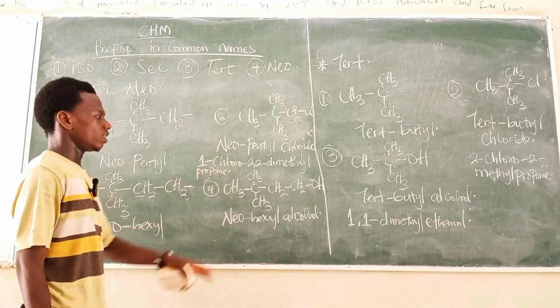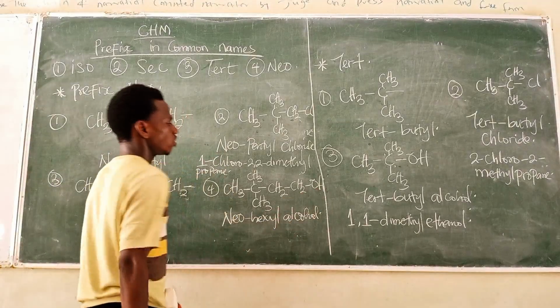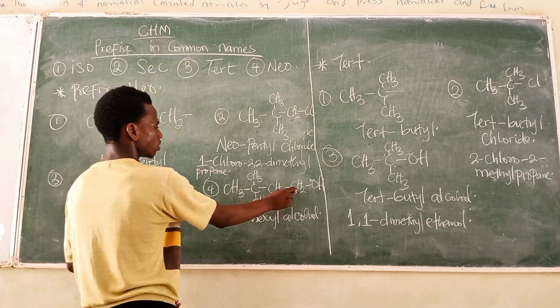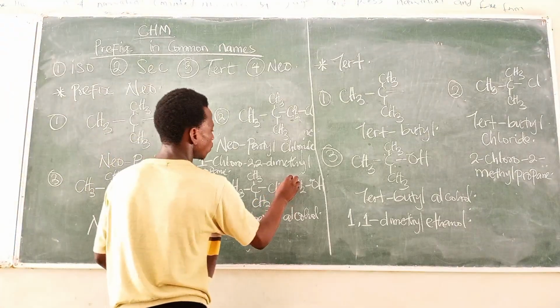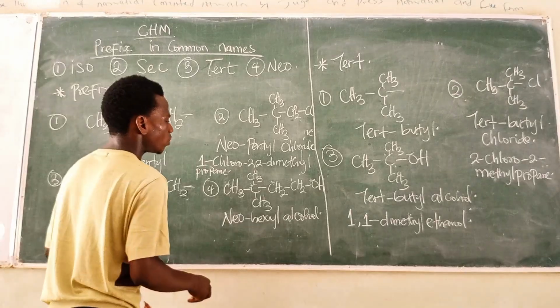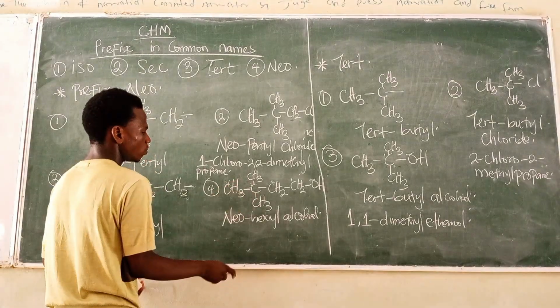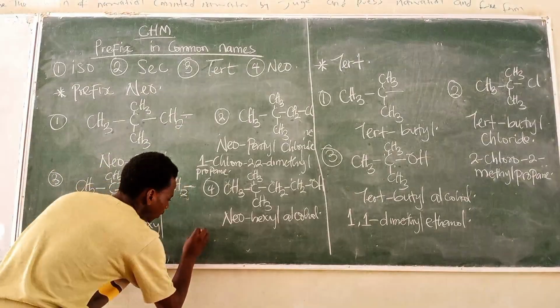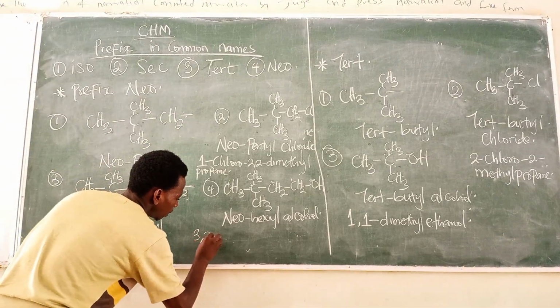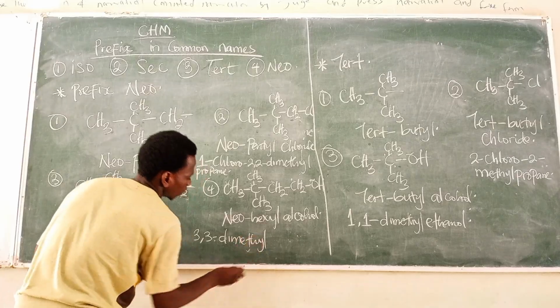Meanwhile, this is the common name. So for this now, our functional group takes priority, so we are going to start counting from this particular carbon. So we have 1, 2, 3, and 4 as the longest continuous carbon chain. On carbon 3, we have 2 methyl, so it's going to be 3,3-dimethyl.